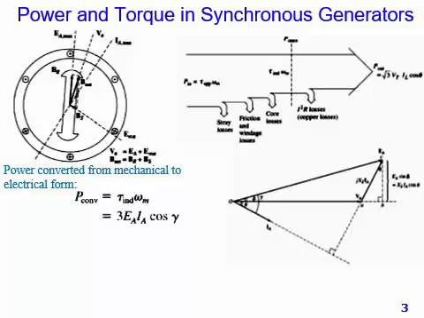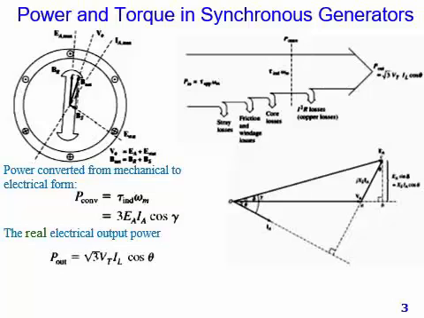If you see the real electrical output power, P out is equal to root 3 Vt IL cos theta.